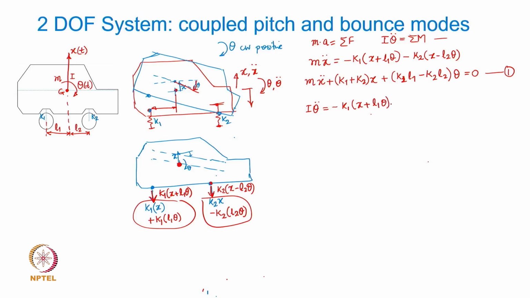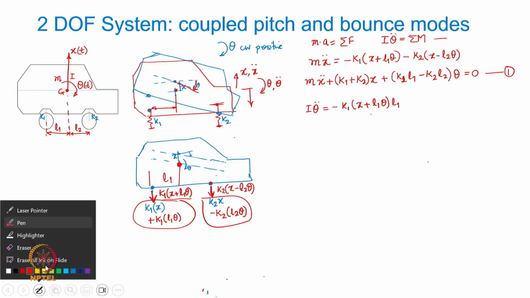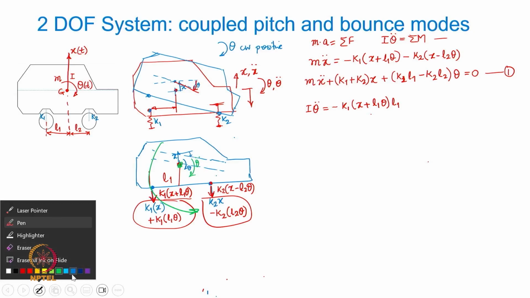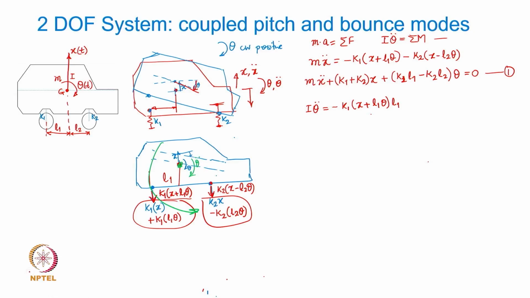This is the force which is acting at what distance? How much is the distance here? It is L1, right? So multiplied by L1, that basically is the moment. So this is the moment of this force about the CG, for which theta double dot is acting in this direction. Now coming back to the other moment, that is in the same direction as that of the angular acceleration theta double dot.